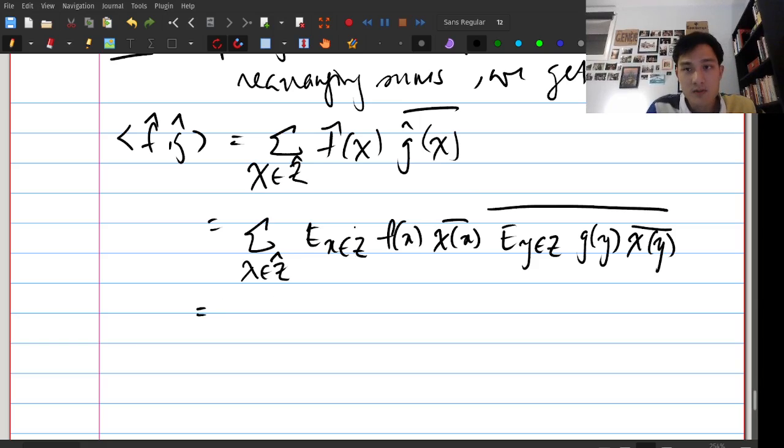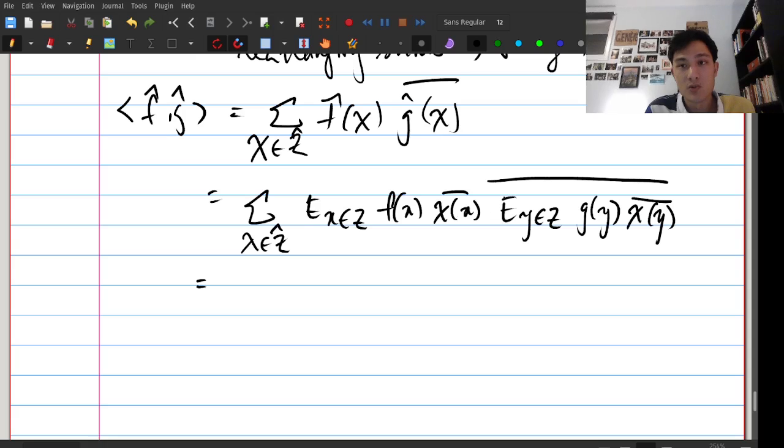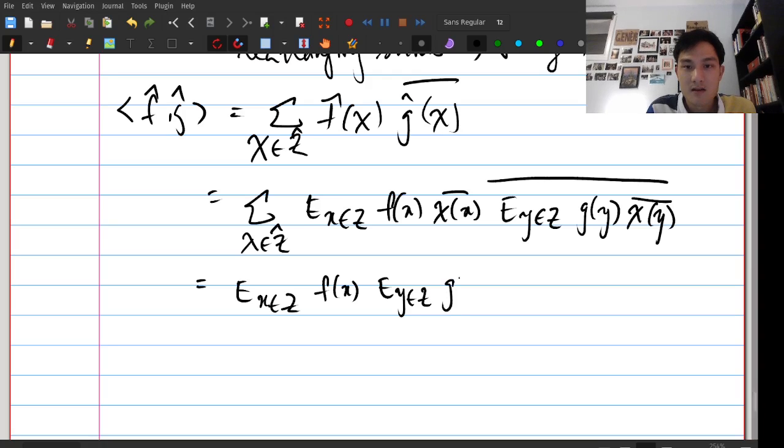Now, what do you do when you see a bunch of sums? Let's just take the sums in a different order. Again, we can do this because it's all finite, so we're just rearranging. Expectation over x in Z, f of x. So we pull out the f of x, and then let's pull out the y in Z, g of y, which is barred once. Everything else depending on chi goes on the inside: the sum over chi in Z hat of chi of x.